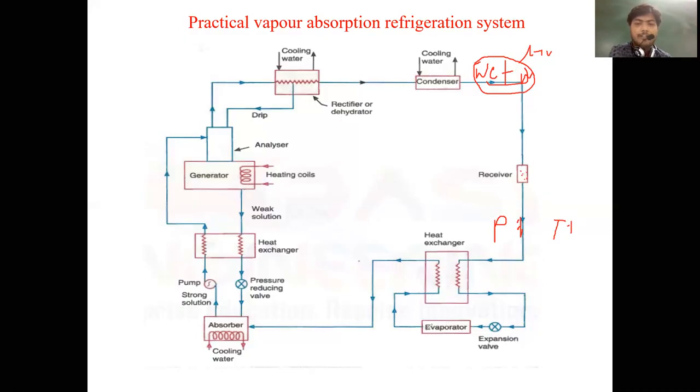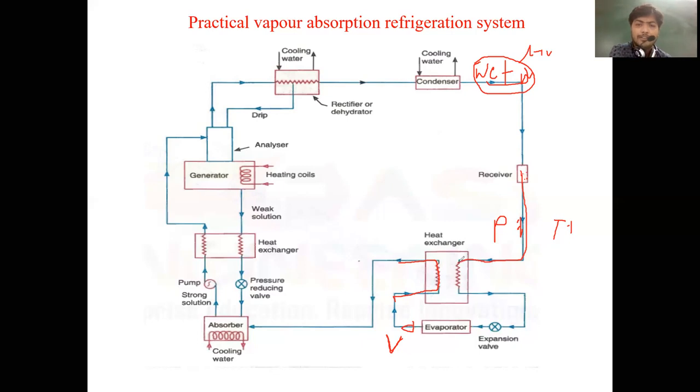After the evaporator, the phase of the refrigerant is vapor. So in the heat exchanger, this vapor meets the mostly liquid refrigerant coming from the condenser.